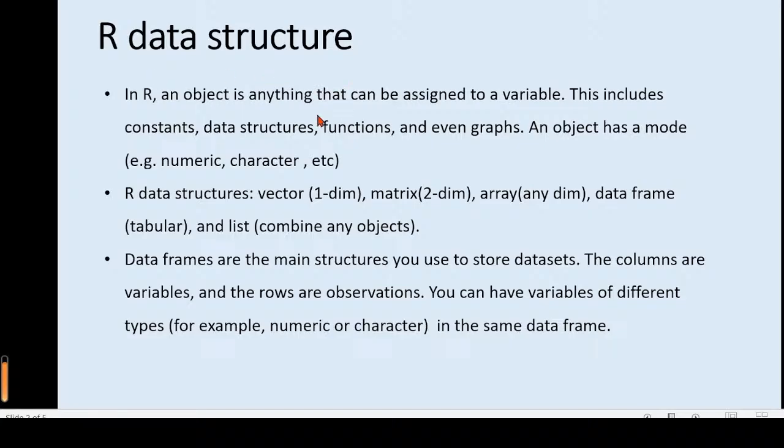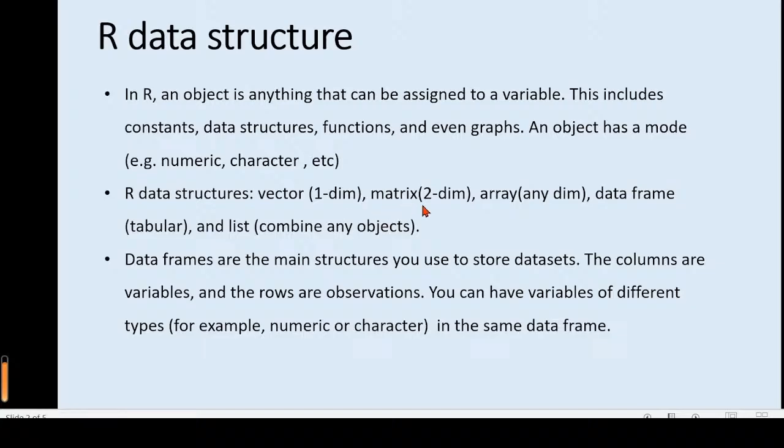R data structure. In R, an object is anything that can be assigned to a variable, and this includes constants, data structures, functions, and even graphs. An object has a mode, for example, numeric, character. R data structures include vector, which is one-dimensional with the same type of elements.